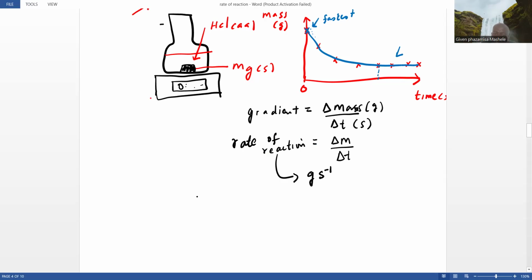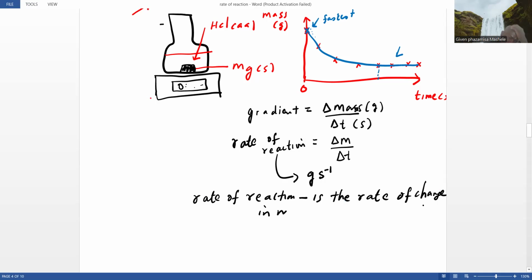So in the exam, we can still define rate of reaction as the rate of change in mass of the reactants, particularly the one that is a solid.